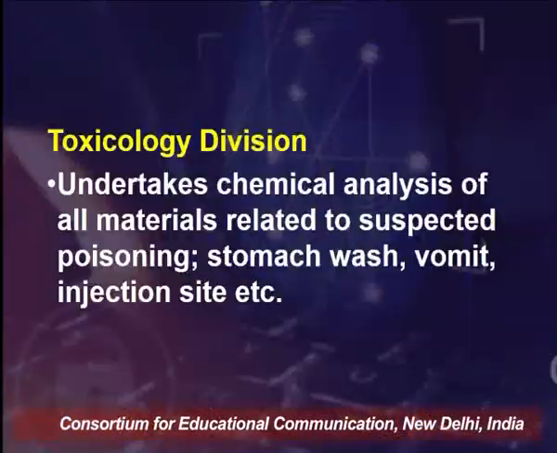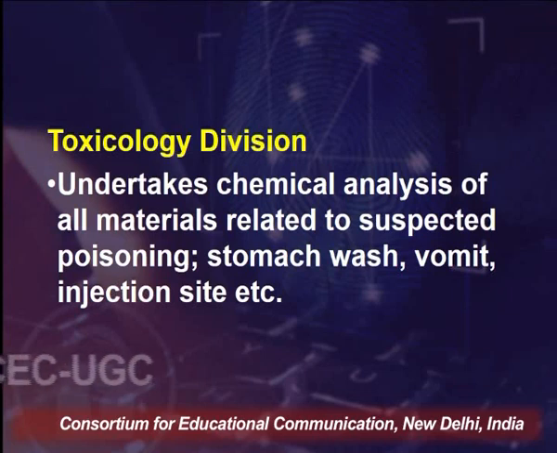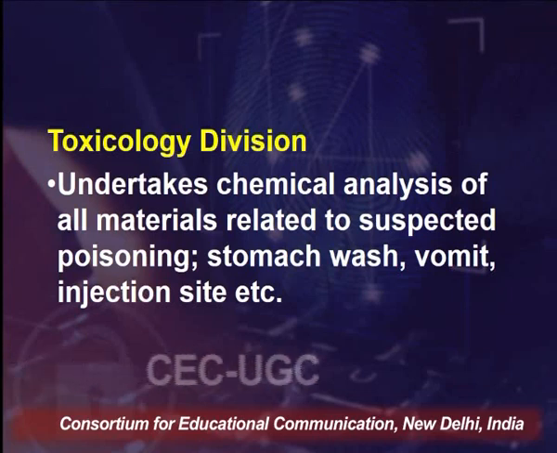The toxicology division undertakes chemical analysis of all materials related to suspected poisoning: stomach wash, vomit, injection site, etc. The samples for this toxicology division come from forensic pathology, from the dead body. Supposedly a victim has died of poisoning.